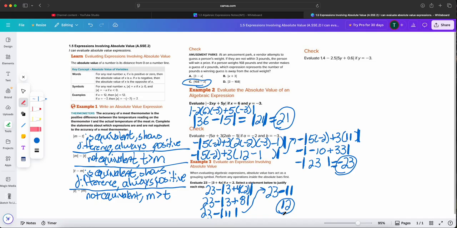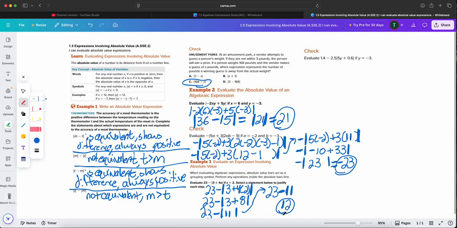For the next one, where I changed the 3 plus 8 to 11, I would have said 3 plus 8 equals 11. When I took the absolute value of 11 and got 11, where we have 23 minus 11, I would have said the absolute value of 11 equals 11. And then where we got 12, our reasoning would just be simplify.